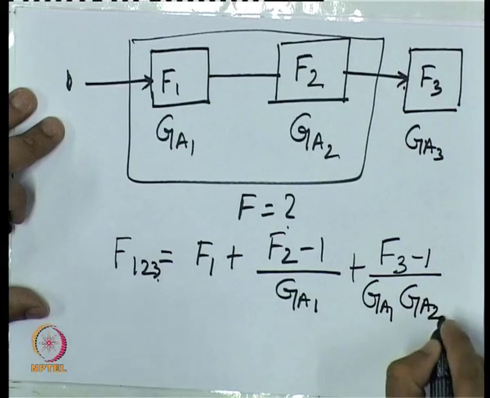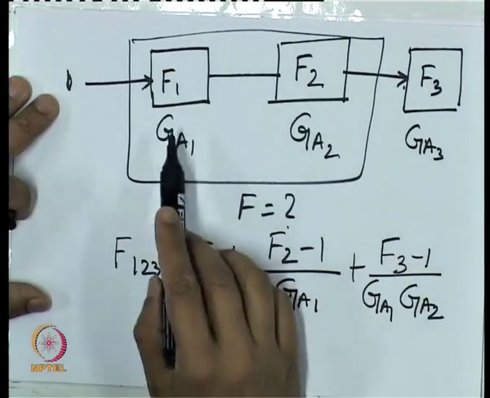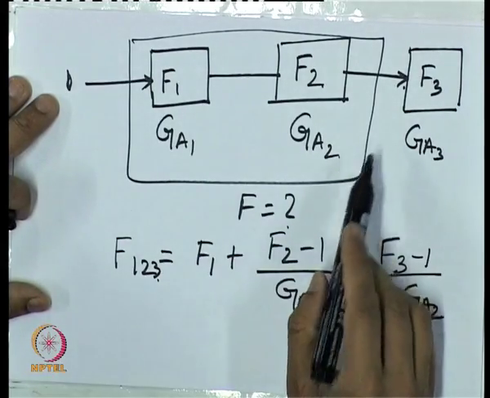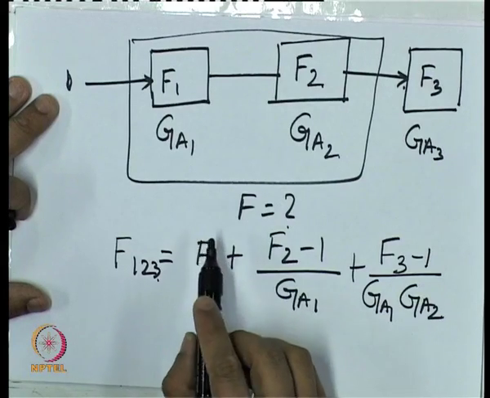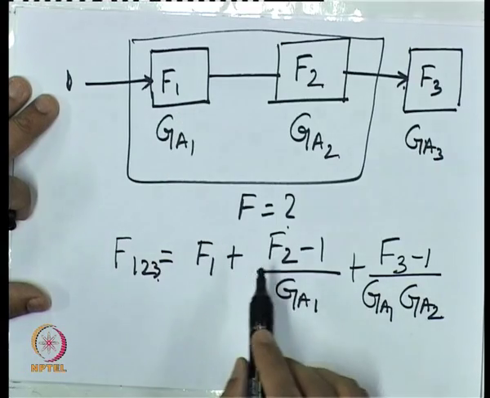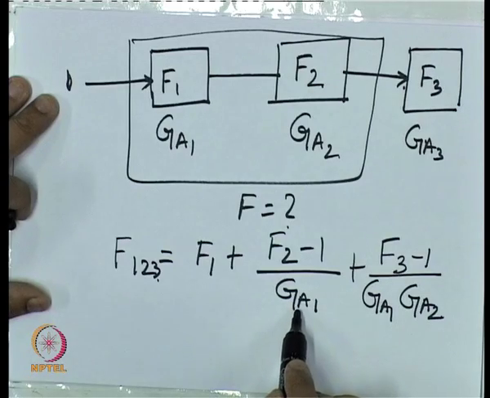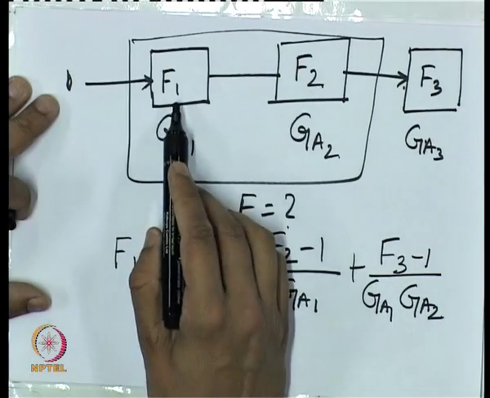So what we see here is that when we have a cascade of elements connected, the highest noise contribution to the overall noise figure is from the first stage. The other subsequent stages are scaled down by the value of the available gain of the preceding stage.